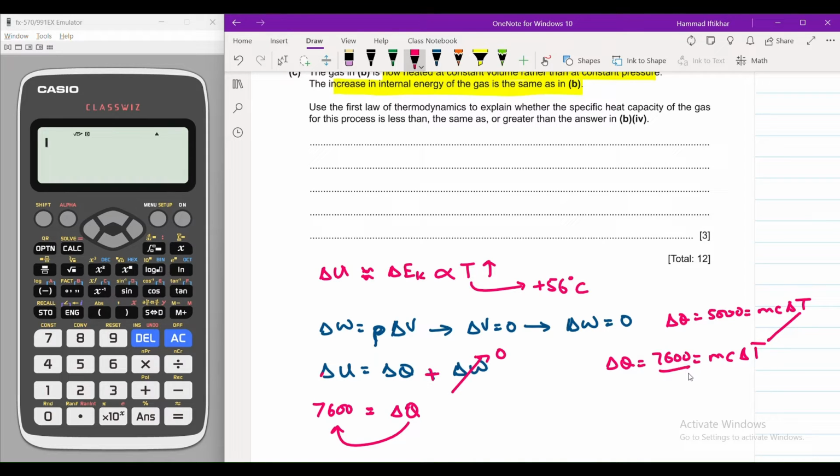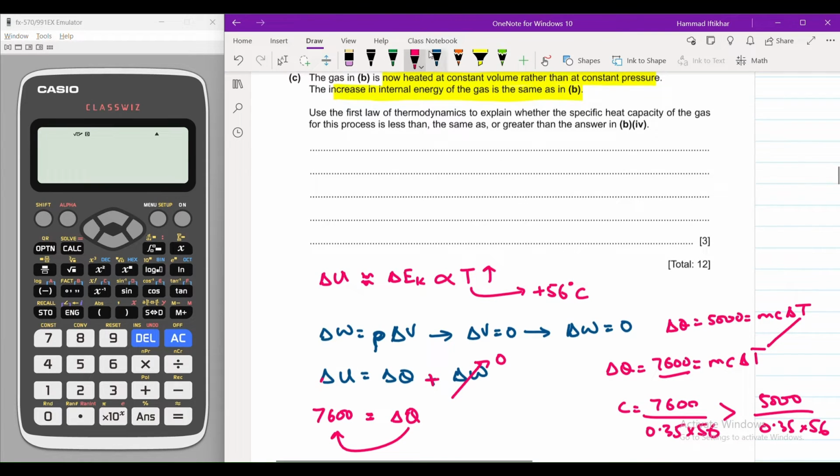The thermal energy being input is more, so that means c is going to be more than previously. So 0.35 times 56 is going to be significantly more than the 5000 over 0.35 times 56 that we did. So, all right, let's put it into words.